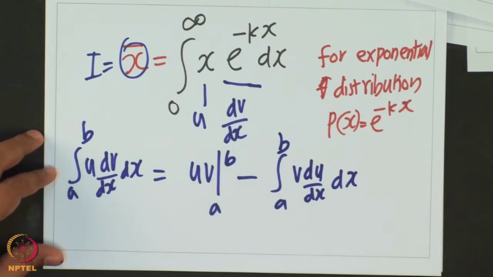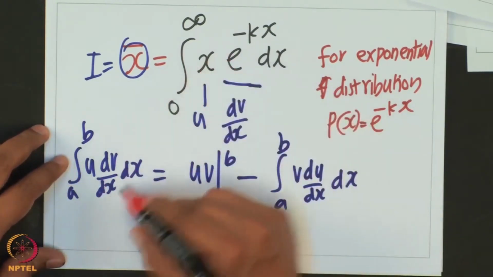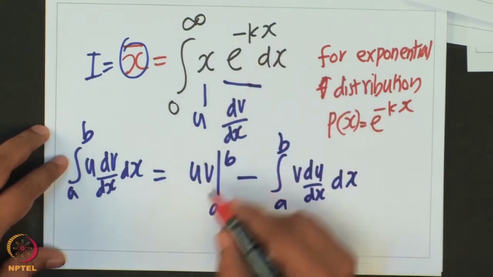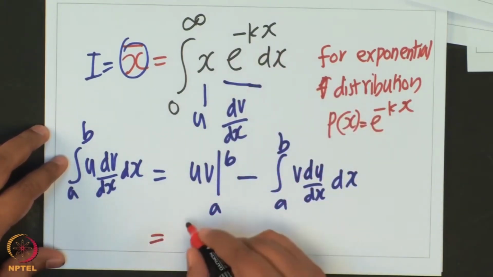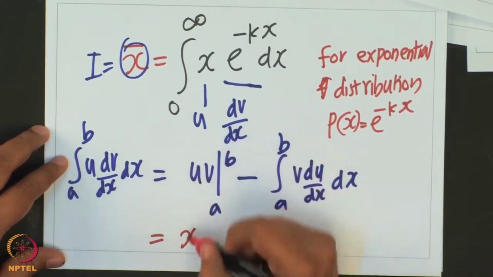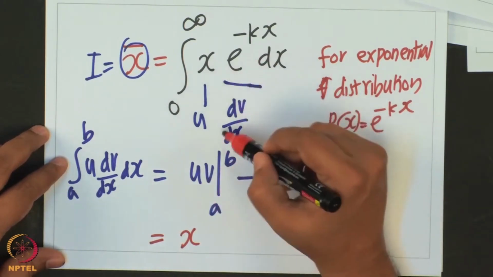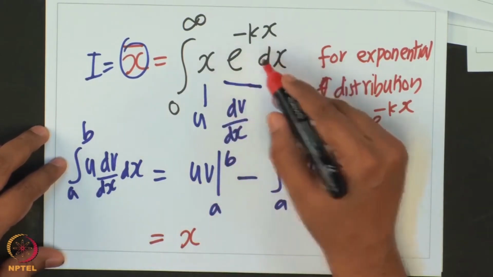That's what we have said. So now let us see what is u. So u is x and dv by dx is e power minus kx. So what is v? V is nothing but, if dv by dx is equal to e power minus kx.